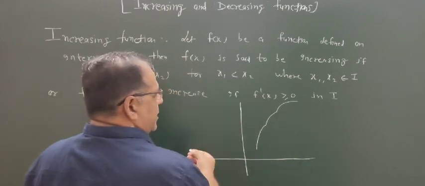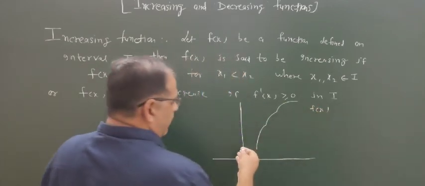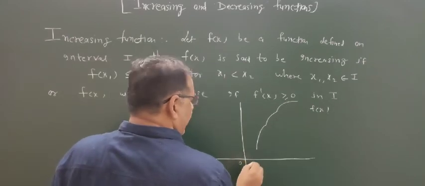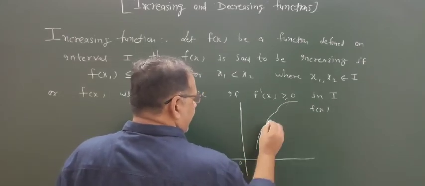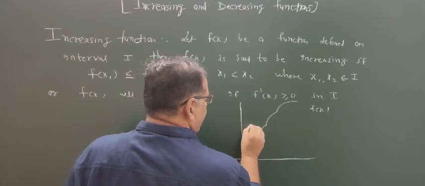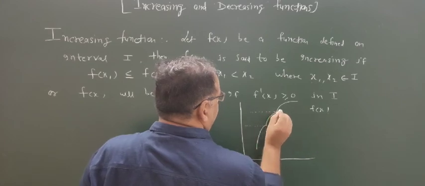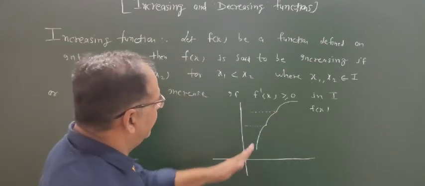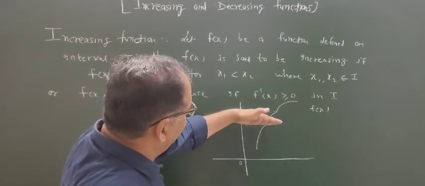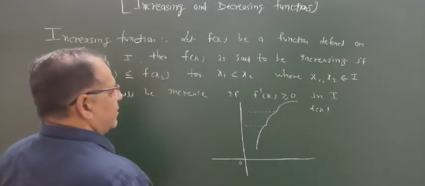This is the graph of the function f(x). There are some points on the graph where the tangent to the curve is parallel to the x-axis.